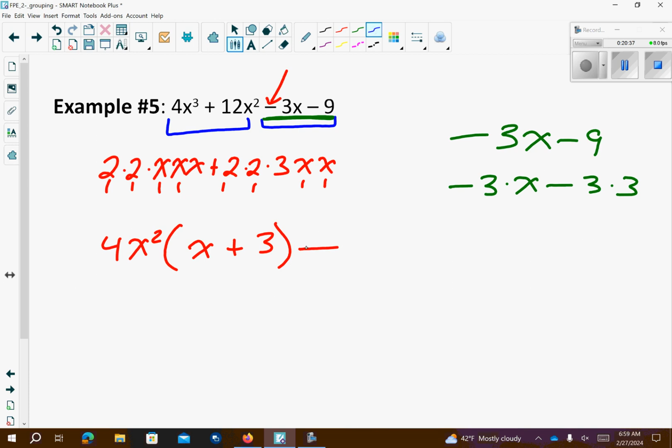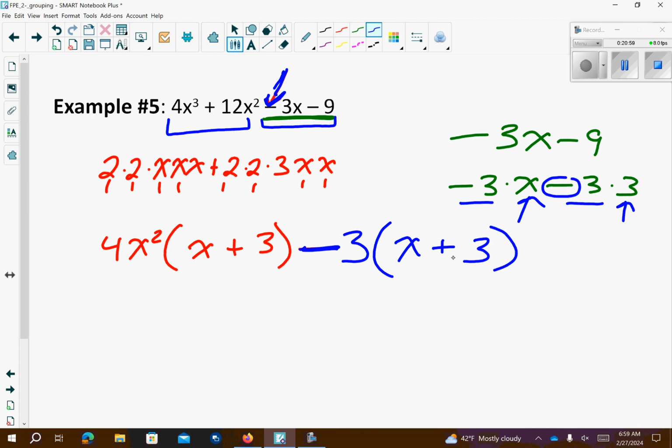Okay, let's make that blue maybe. Anytime that's a negative, which means I have a negative 3 and a negative 3 in common here. So I'm factoring a negative 3 out. What do I have left? I have an x and a 3. Now, caution. I factored negative out, so that sign has to change, and it has to be a plus 3.